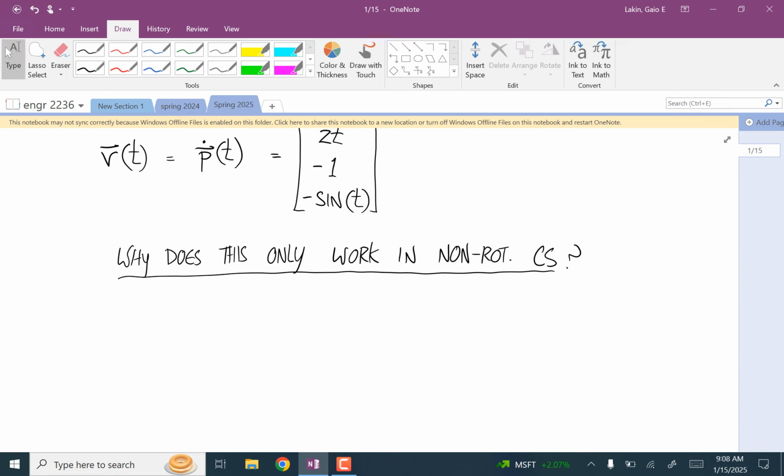Well, remember this notation we use for vectors. Say we have this vector u, and we're calling it an x component, a y component, and a z component. Okay? But this is really just notation.